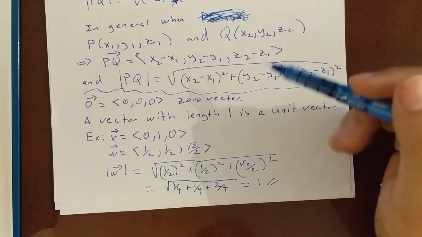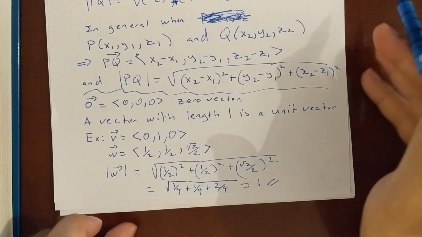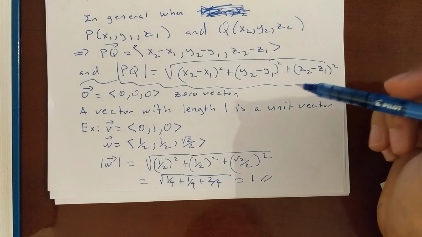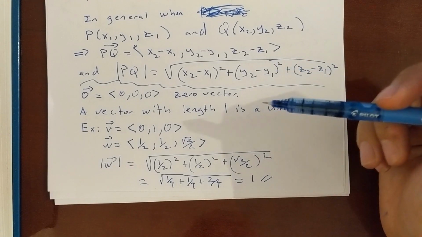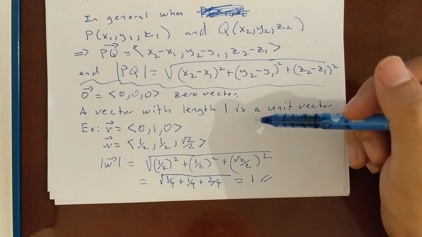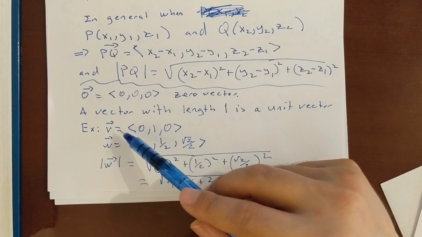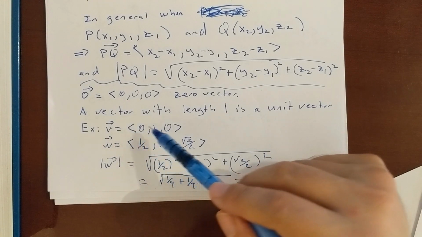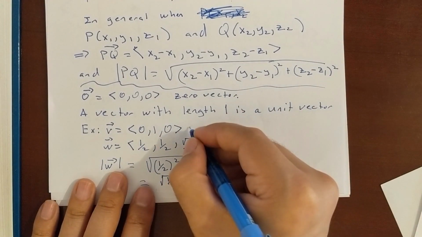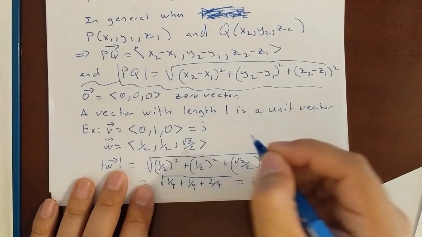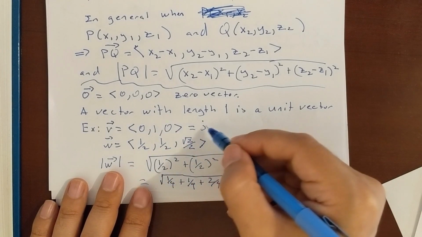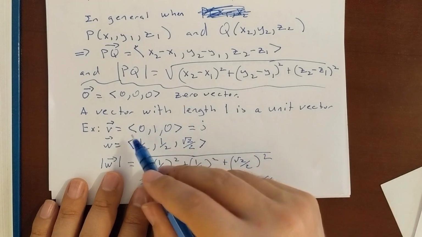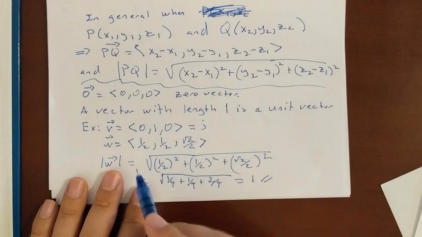Okay? And I've said this before, but a vector of unit length, a unit vector, is a vector of length 1. So this one here, v equals (0, 1, 0), which is basically the vector j, right? Because we said the y unit vector is j. So this would be a unit vector.